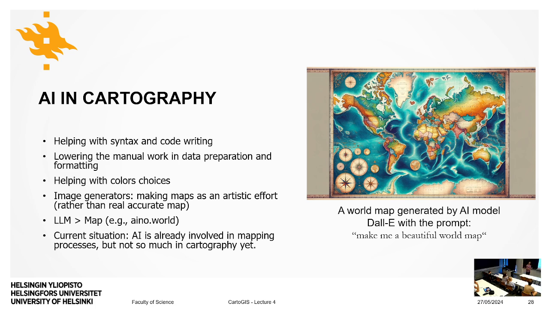It's not really in the cartographic part of things, but a bit with data analysis and some smaller things, not in the creative part of cartography. So it's not so much present. If you search, you see the word, but it's more on the process and analysis part, rather than the cartography. So that is something that, like one of you mentioned, is probably going to change in coming years.